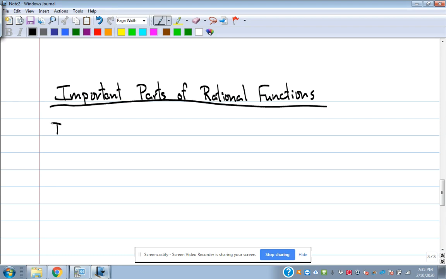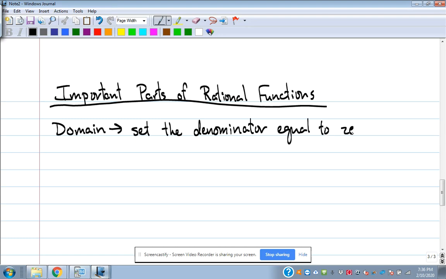The first one is obviously what we've already done with the domain. To find the domain of a rational function, how do you find the domain of a fraction? Set the denominator equal to 0. When do we find the domain?